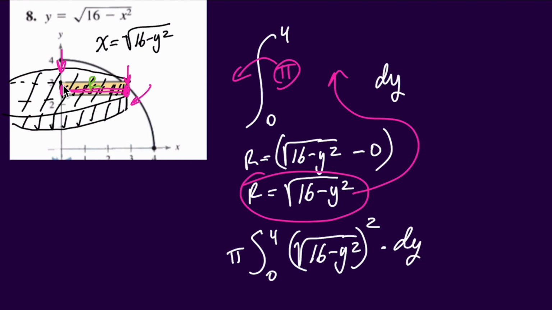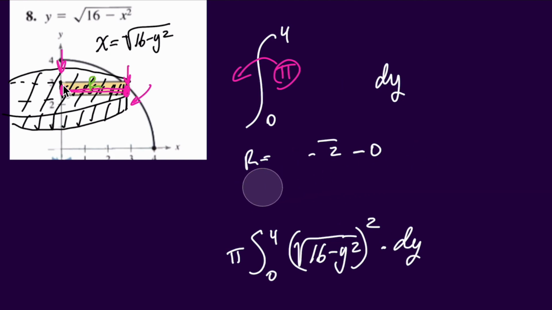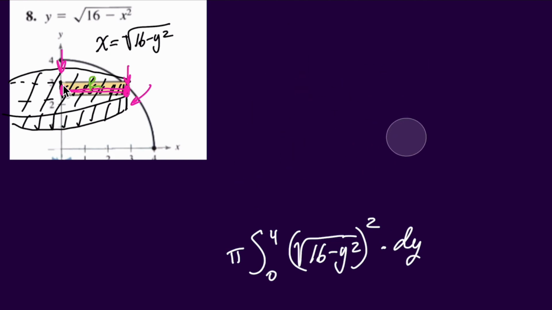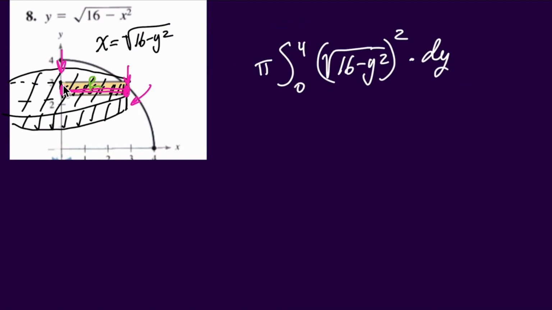Simplifying, the fact that we're squaring that radius means it's going to undo the radical. So we're going to end up with pi times the integral from 0 to 4 of 16 minus y squared times dy.